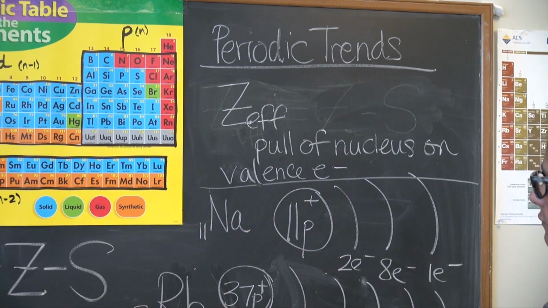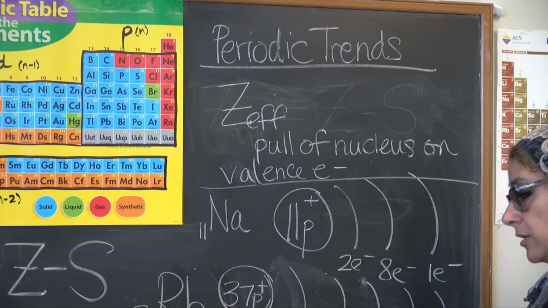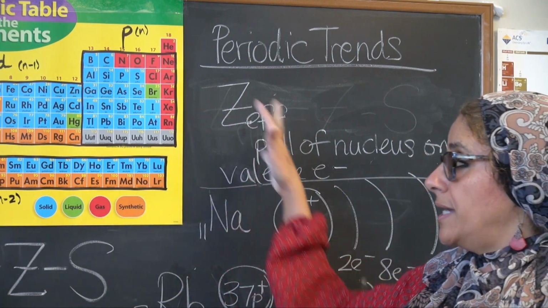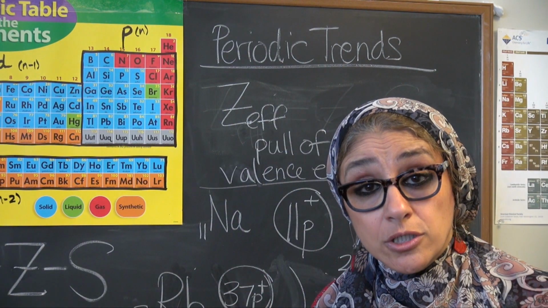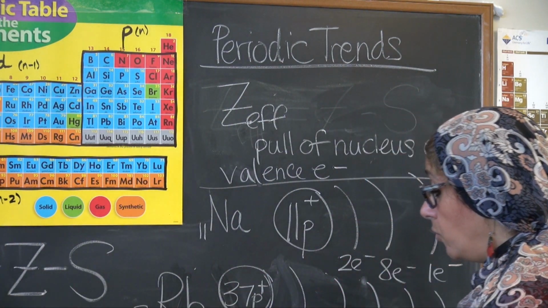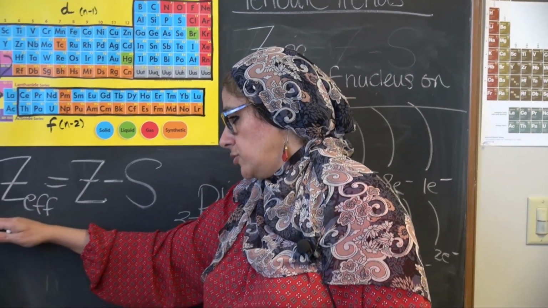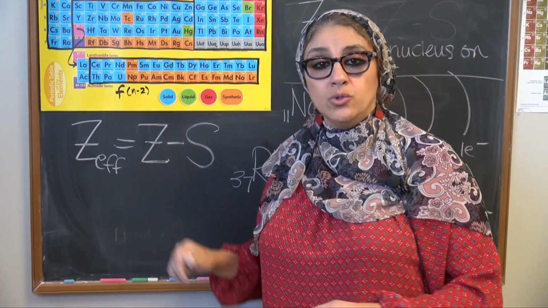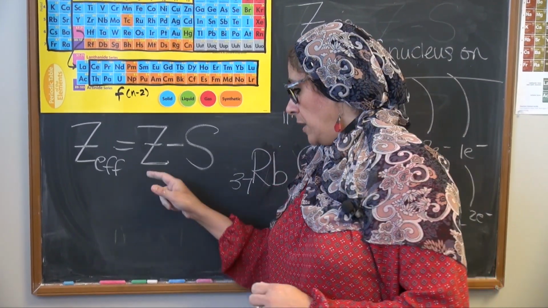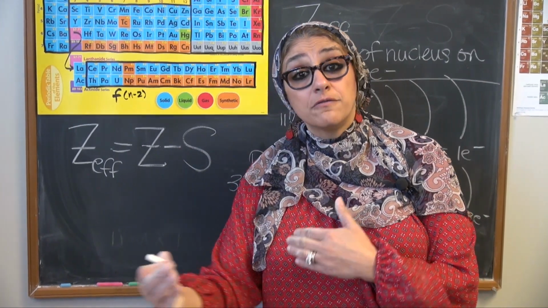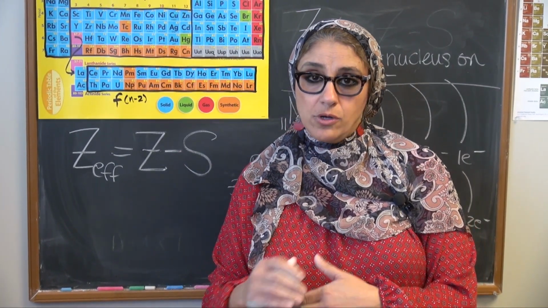Okay, let me give you some more information, then we're going to make a comparison and see what the trend for effective nuclear charge is as we go in different directions in the periodic table. What do we expect? Effective nuclear charge is not just the nuclear charge of the atom, but you also have to take into account the shielding from the inner or the core electrons.